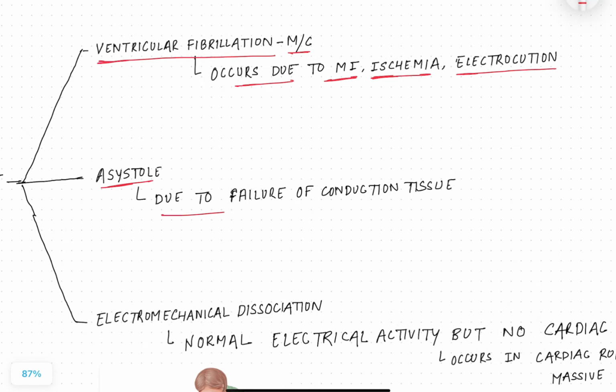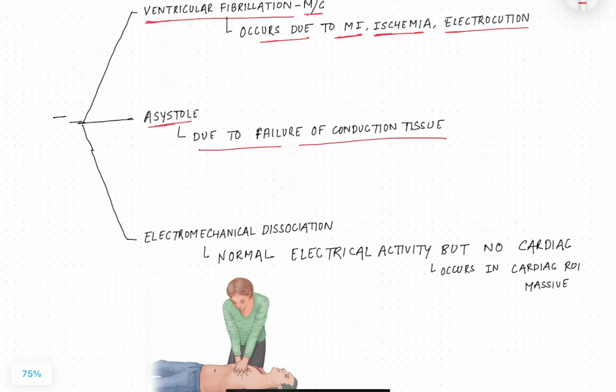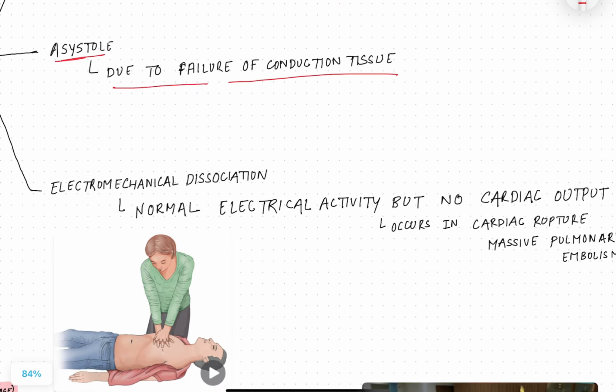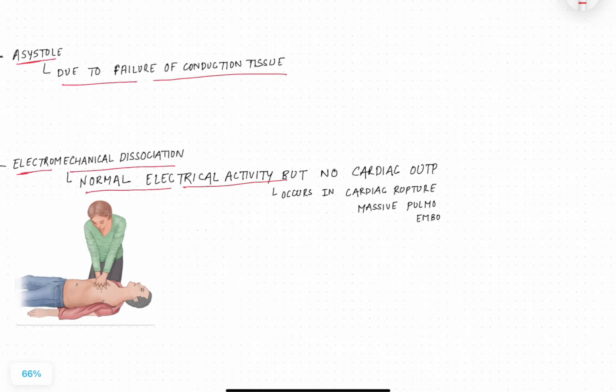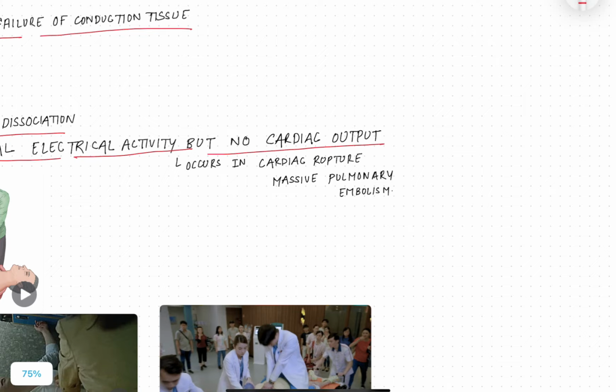Asystole is due to failure of conduction tissue. It may also be electromechanical dissociation, in which there is normal electrical activity but no cardiac output. It occurs in cardiac rupture or massive pulmonary embolism.